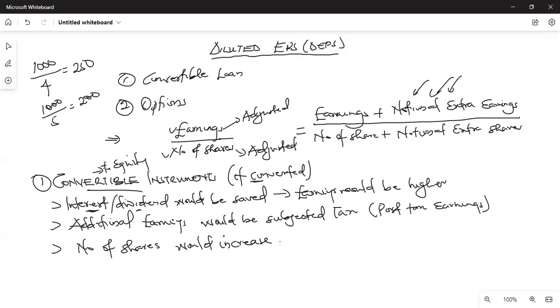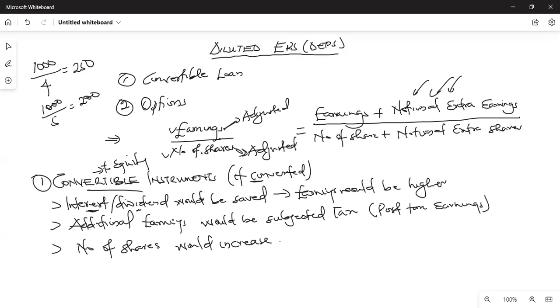These additional earnings would be subjected to tax, because if you remove those interests from your P&L, your profit increases, and therefore your tax also increases. So basically, you will have to adjust your earnings, and you have to introduce the number of ordinary shares that has come in.